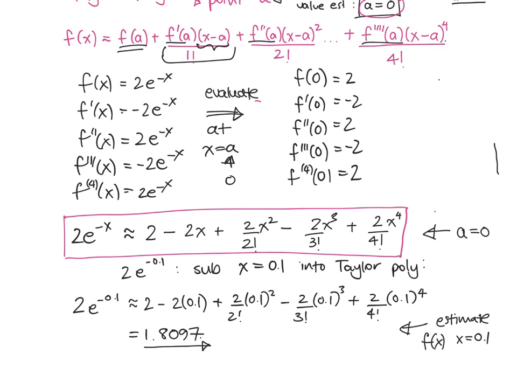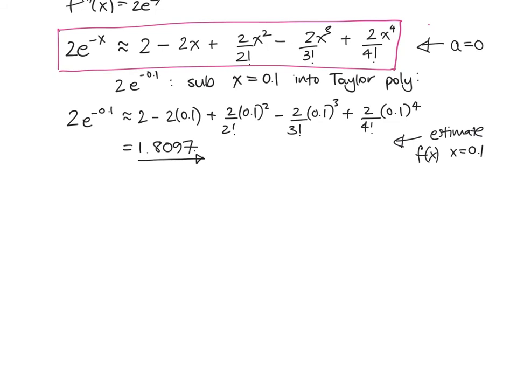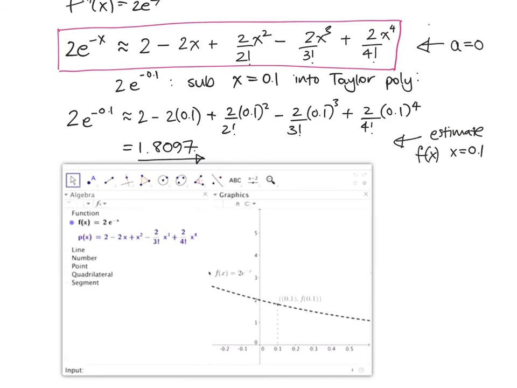I think it's a good idea to have an idea graphically of what we're doing. So I'm going to do something similar to what I did in the first question. What I've got here is I've plotted the function 2e to the minus x. And what this question is actually asking us is to estimate the value of this function at the point x equals 0.1.